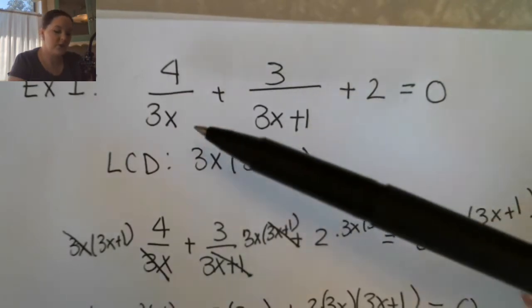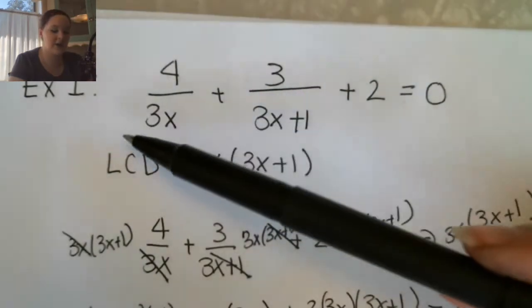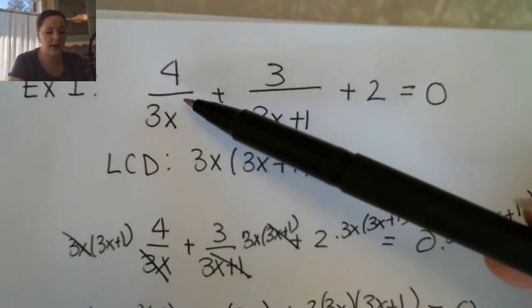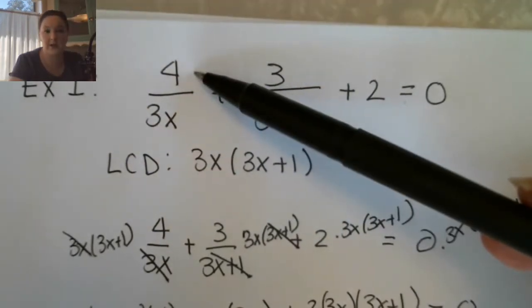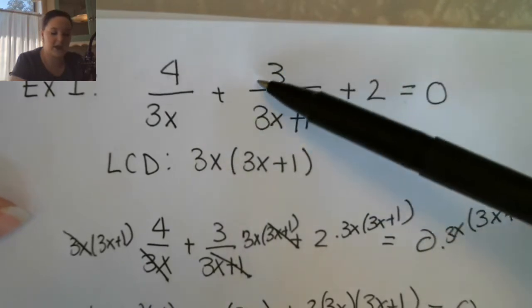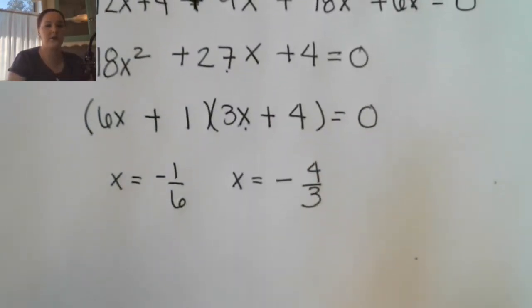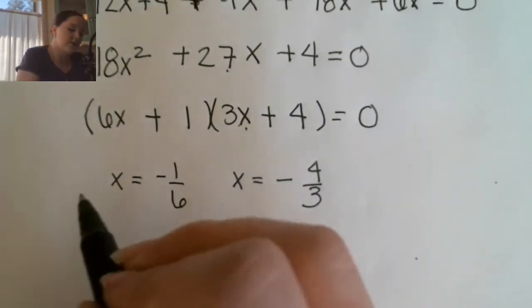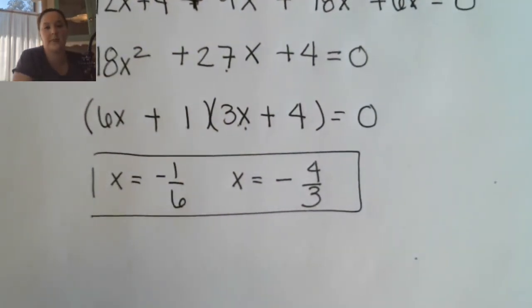If you plugged in 0 here, for example, this would make that fraction undefined, and that's an extraneous solution. So like I said, the only forbidden solution would be x equals 0, and here it would be negative 1/3. If we check our solutions, they're not 0 or negative 1/3, so these are good solutions.